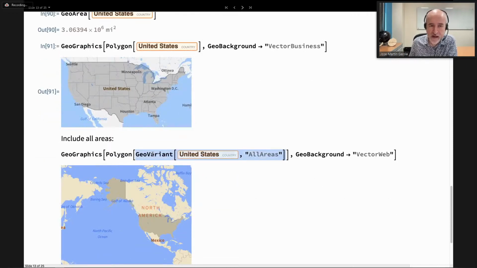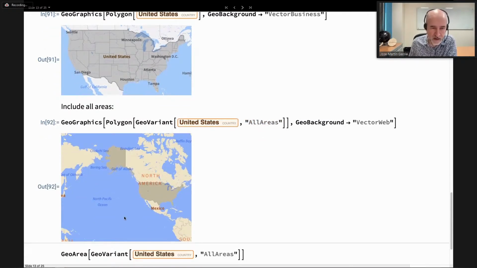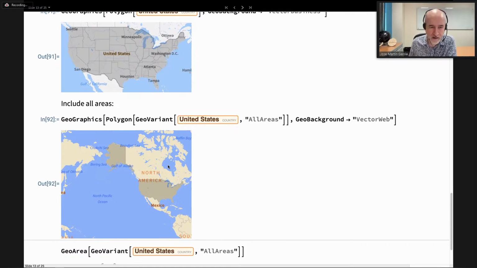We now have this geovariant to change to various variants of the same country. There is one called the default map area, but we have another one called all areas, and this includes all territories, including Alaska, and Hawaii and the various territories of the US in the Pacific.